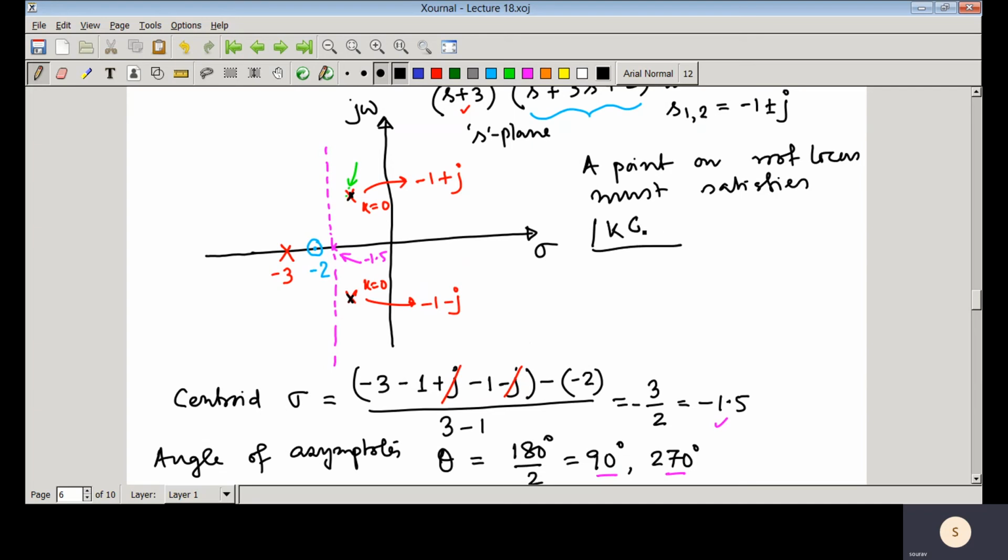That thing we have seen, that the angle of k G(s)H(s) equals 2k plus 1 times 180 degree.